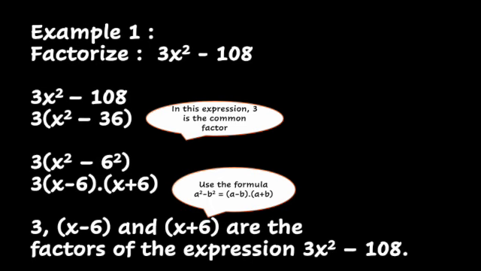Now we need to make use of the formula a squared minus b squared equal to (a minus b) times (a plus b). So we can express it as 3 times (x minus 6) times (x plus 6). So 3, x minus 6 and x plus 6 are the factors of the given expression.